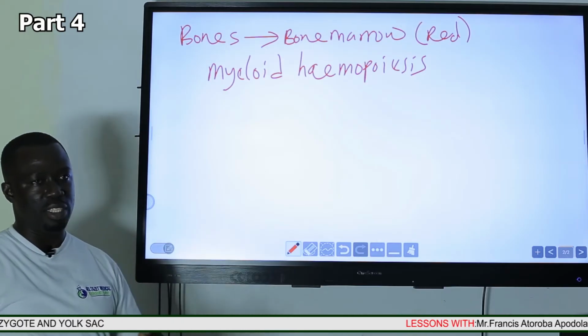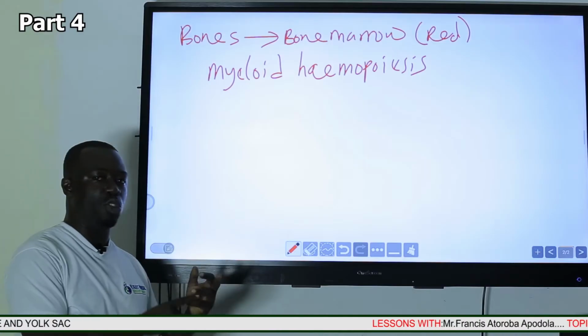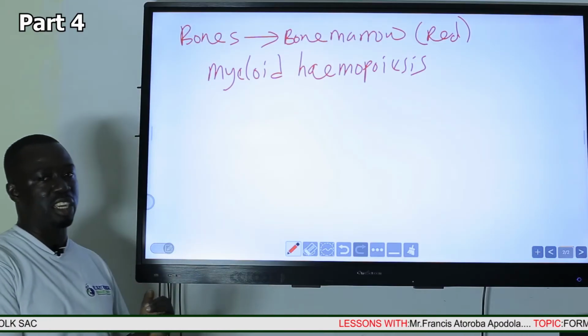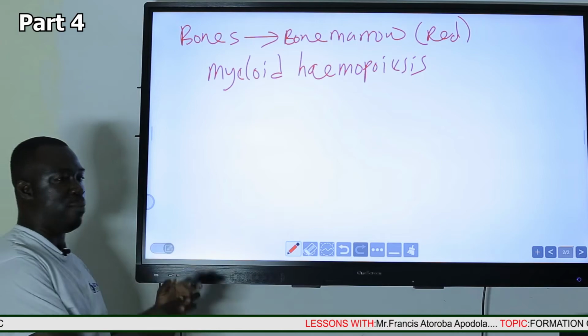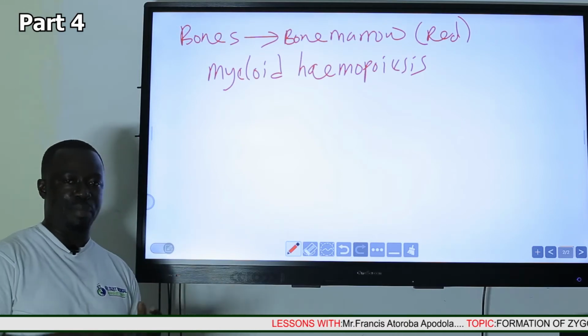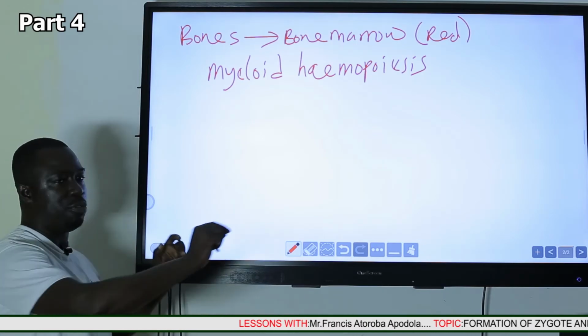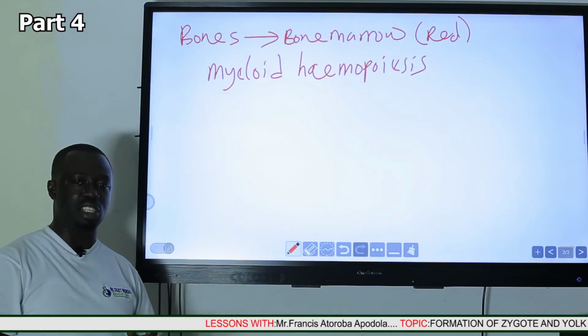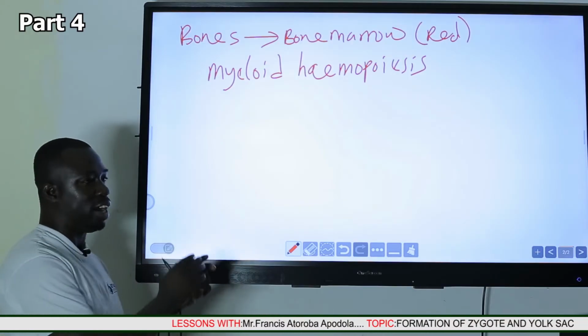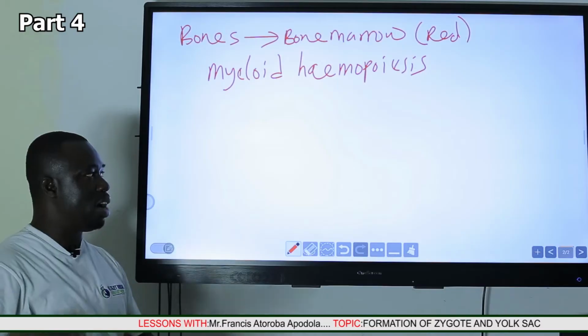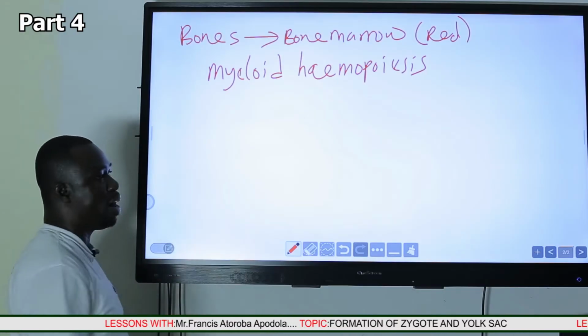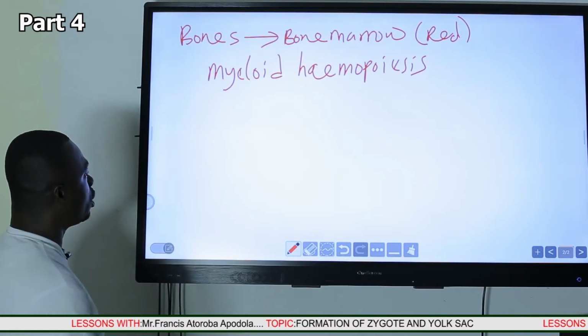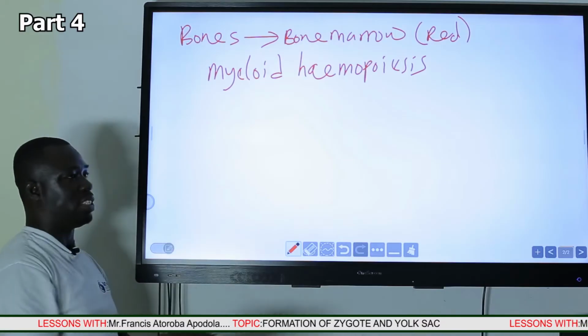These include the mesoblastic phase, which is the production of blood cells in the embryo. Then the hepatic phase, within the fetal stage, which is the production of blood cells from the liver. Then the production of blood cells within the bone marrow, which is called myeloid hematopoiesis.